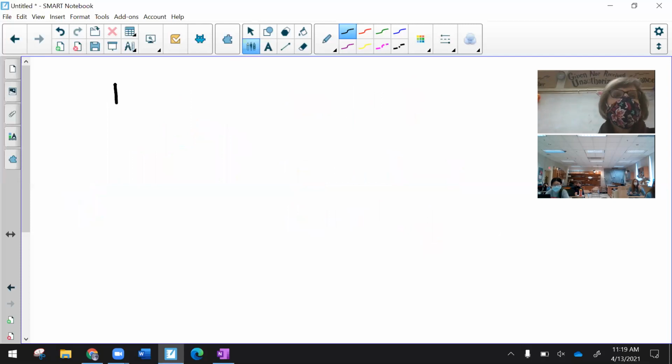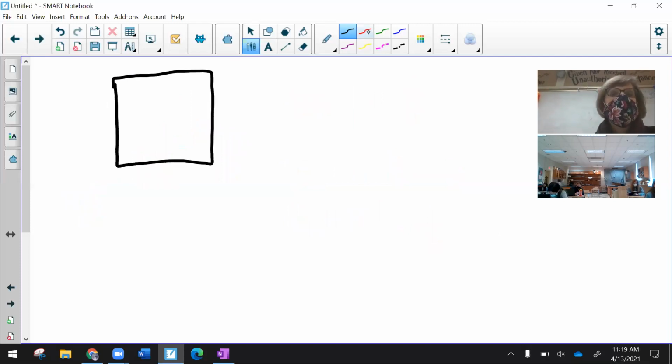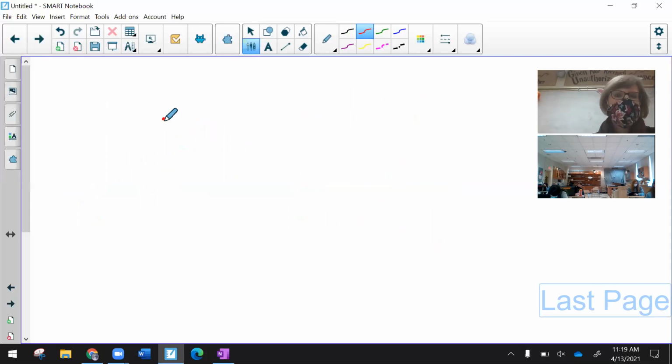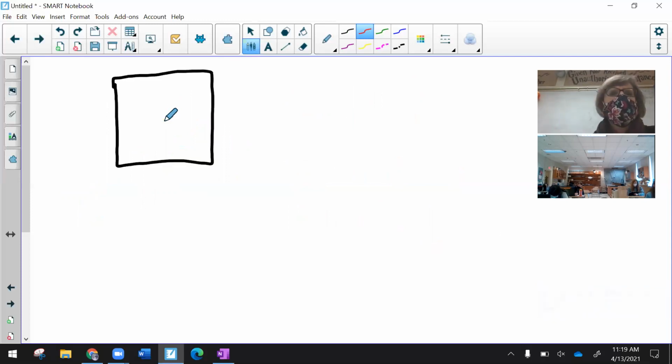So now we've got to look at tau G. So again, here's my crate. Here's my FG acting in the middle. Again, my axis of rotation is over here.